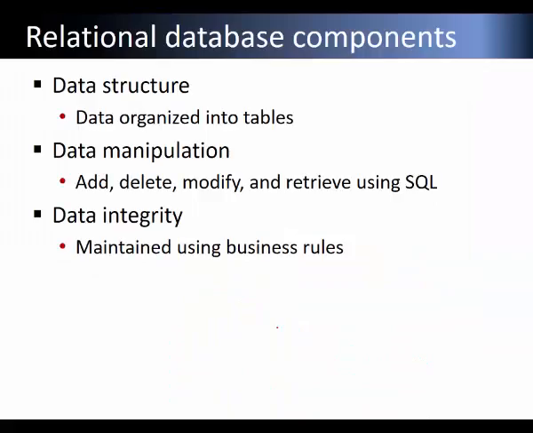Okay, let's move further. So relational database components have data structures, which is nothing but representation, and the manipulation. So we need to have the language to express what we want from our database. One of the major components of database manipulation is integrity management, which means it gives us trust.